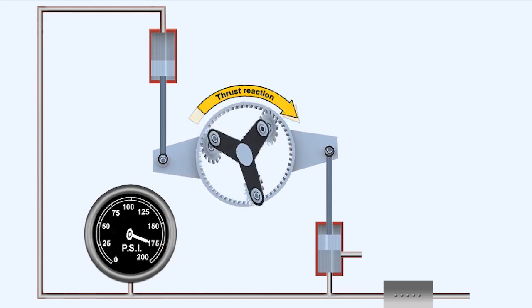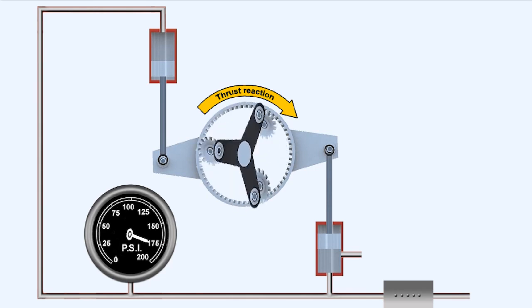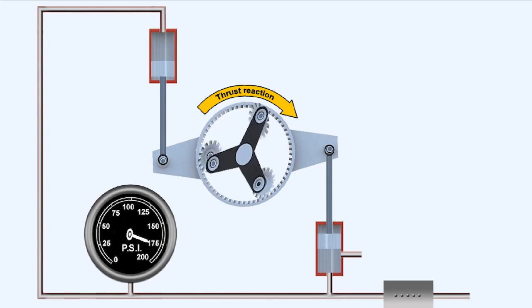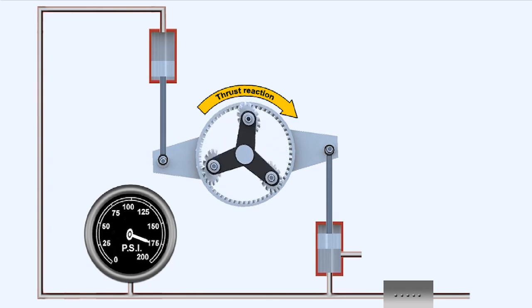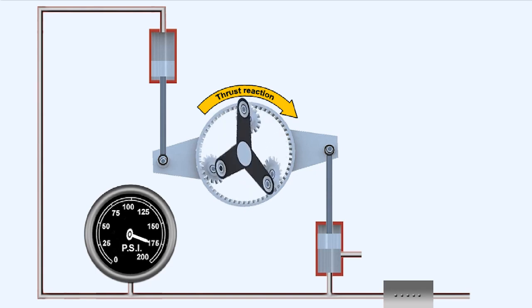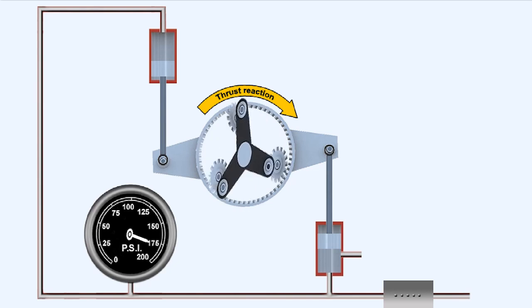If engine torque decreases, the oil pressure in the cylinders will now exceed the pressure required to balance the torque output of the engine, which is acting on the stationary ring gear. As a consequence, the pistons, which were being maintained in a sensitive position by the balance between the engine torque and oil pressure, will now move to uncover more of the bleed hole.